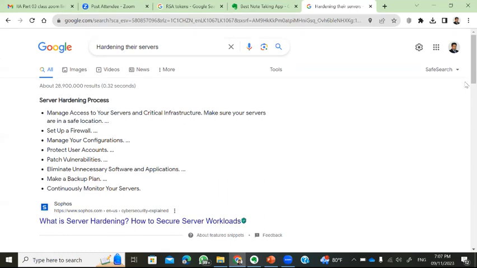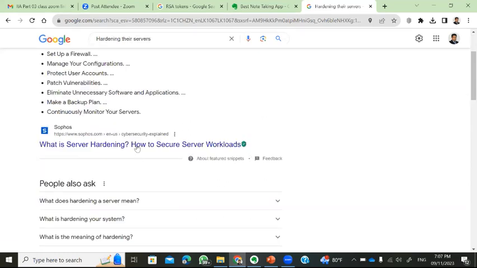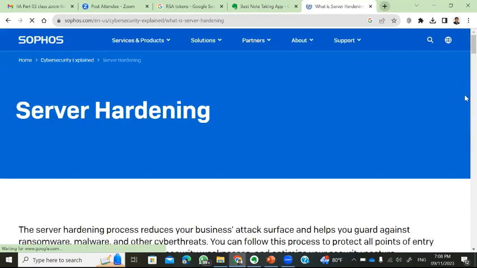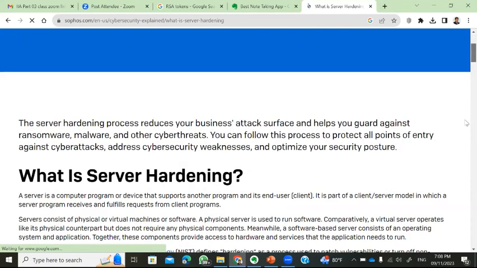There are documents on how to harden a server. If it is a bank and you are providing card services or something like that, then there are different methods for hardening servers.